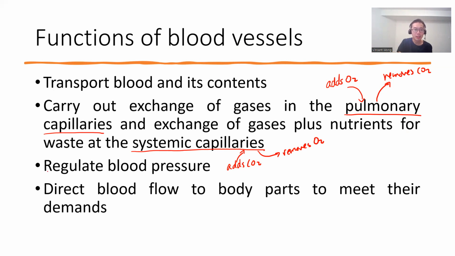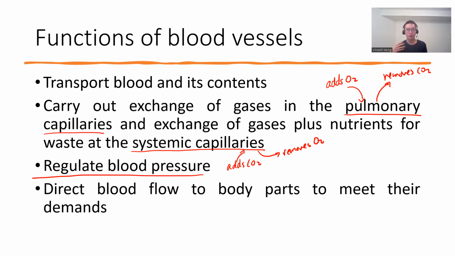Blood vessels can also help regulate blood pressure. Okay? You actually have some smooth muscle around the blood vessel. We learned last semester at the end that smooth muscles are these muscles that contract on their own, right? We don't control it.